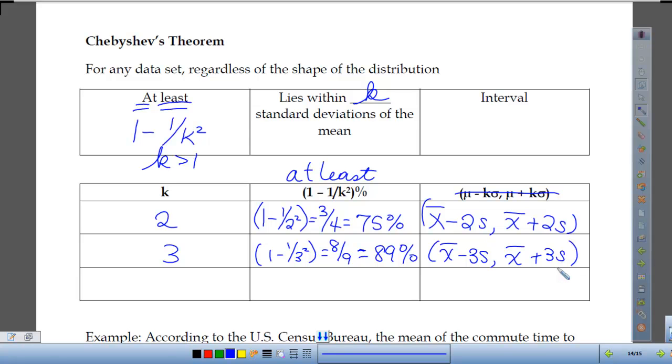Comparing that to what we had before, at 2 we had 95, at 3 we had 99.7. If you want to, you can remember these two numbers for Chebyshev's theorem. However, we could also talk about 2.6 standard deviations for Chebyshev's. It's not just limited to 1, 2, 3, but anything for k as long as it's greater than 1. If we put in 2.6, I would say 1 minus 1 over 2.6 squared.